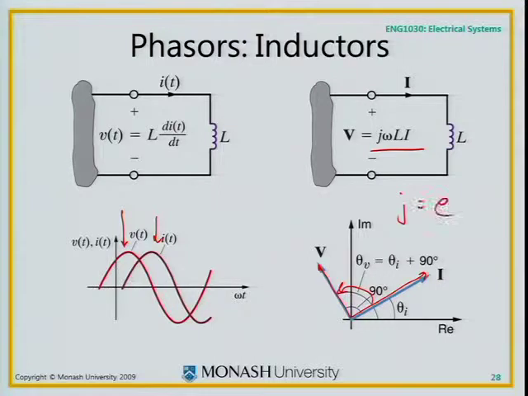Remember that j equals e to the j 90 degrees. It's straight up on the complex plane, amplitude 1, angle 90. If I multiply something by e to the j 90, I've just rotated it anti-clockwise by 90 degrees. So that's why the voltage is now leading the current by 90 degrees. It's further around the revolutions.